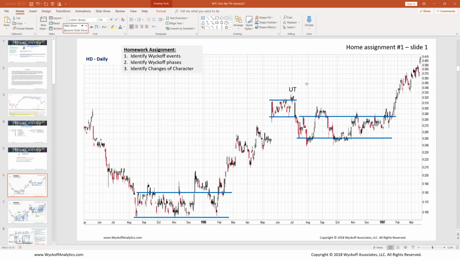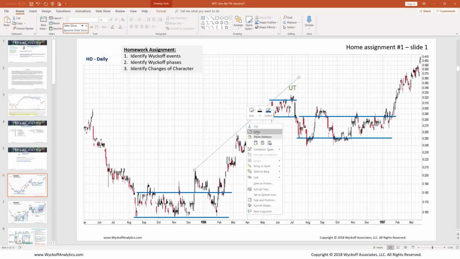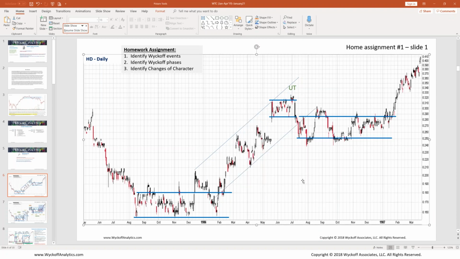So for instance, something like this. I'm looking at the upthrust, and I'm saying this is an upthrust. You can copy that. You could create the new one. You could change the color of it, whatever you guys want to do. Then you have any type of lines that you want to create. You can copy them, paste them. Here's your trend. What else? Phases.